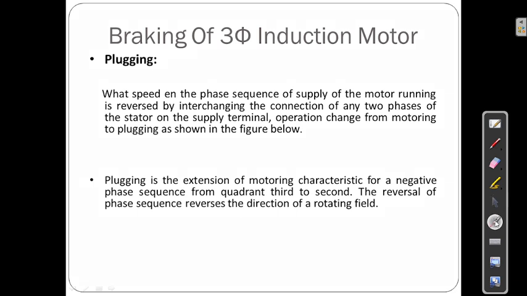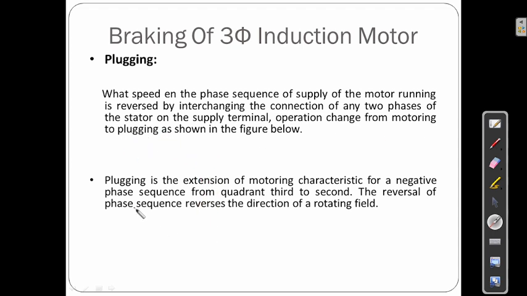Then plugging. Plugging is nothing but the phase sequence of supply of the running motor is reversed by interchanging the connection of two phases of the stator on the supply terminal. Operation changes from motoring to plugging.